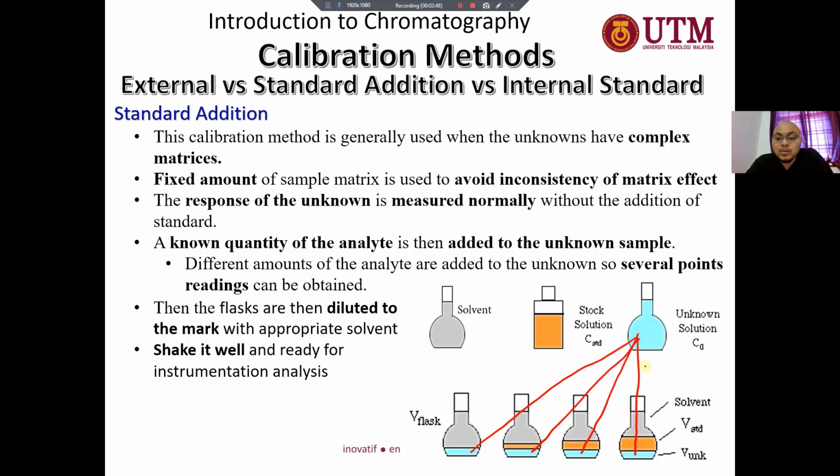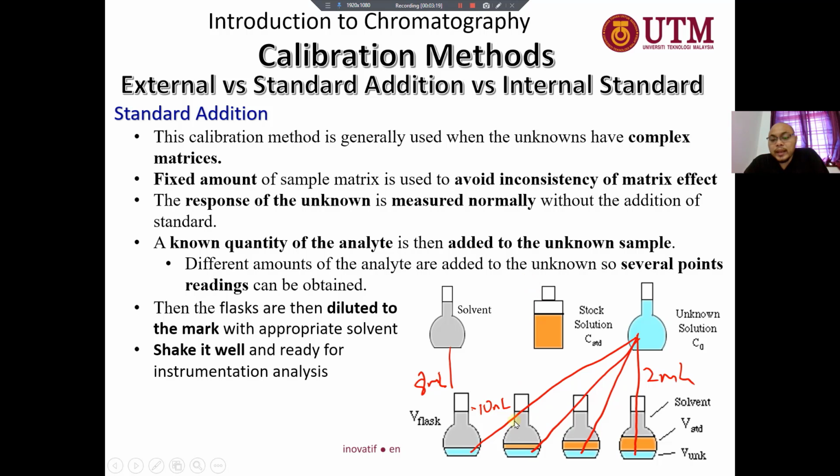So in the first flask, you need to add 8 ml of solvent to make 10 ml of solution. Then a known quantity of the analyte is added to the unknown sample. Different amounts of analyte are added to the unknown, so several point readings can be obtained.